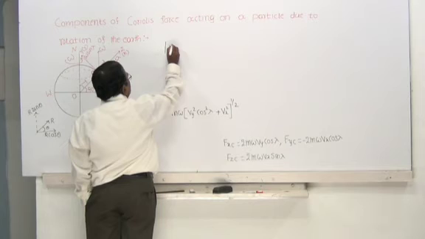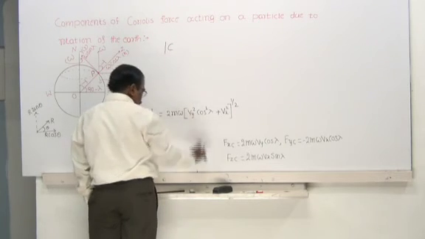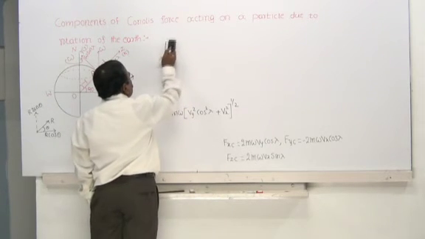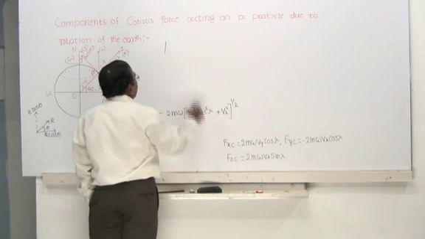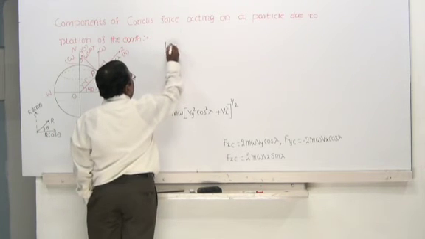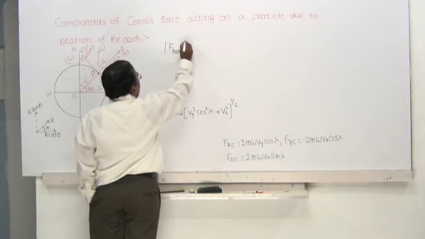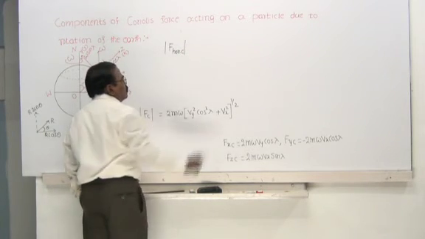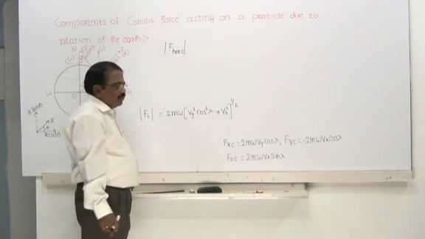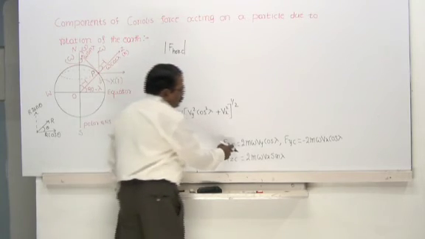So, magnitude of the horizontal component. This is F horizontal, F H O R C, means magnitude of the horizontal component. We only have to take the square root of these two.